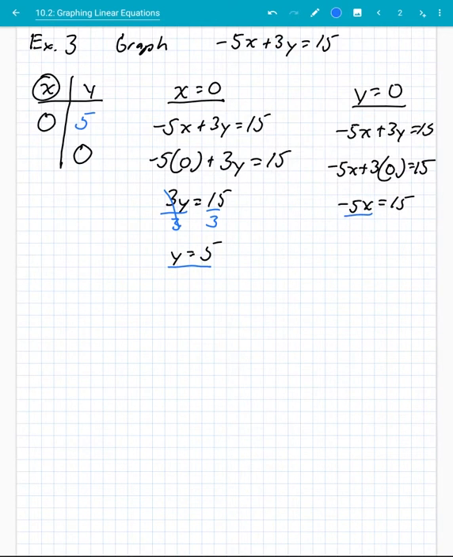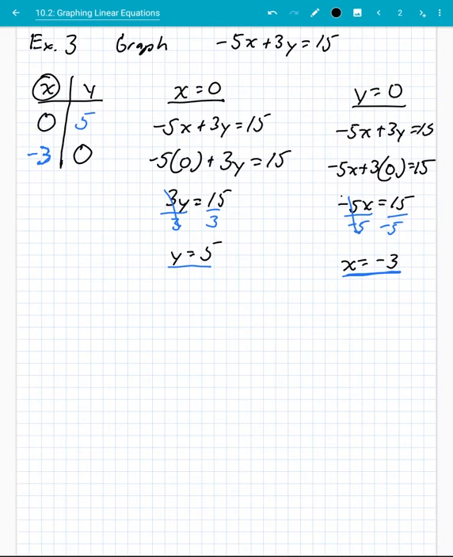Solve for x, you got to divide by negative 5 on both sides. And that gives us x equals negative 3. And there you have it. Negative 3 we'll put in for there. So notice we put negative 3 on the x because that's what we found, but we substituted 0 for y.